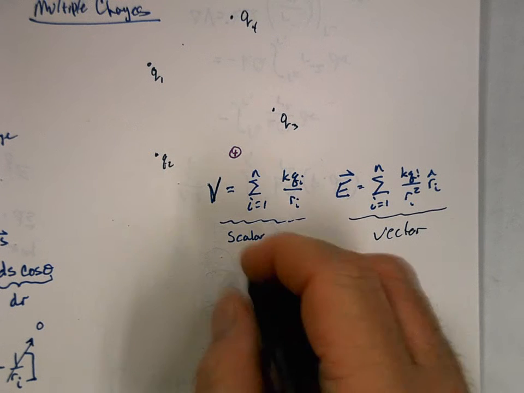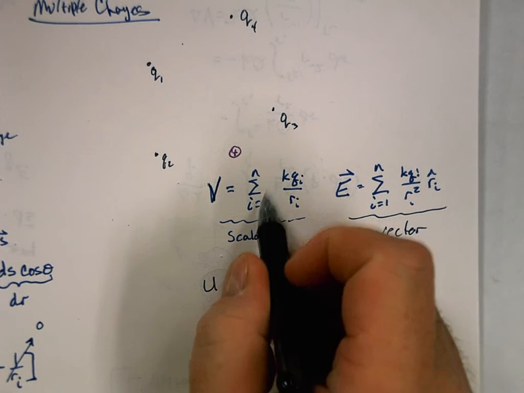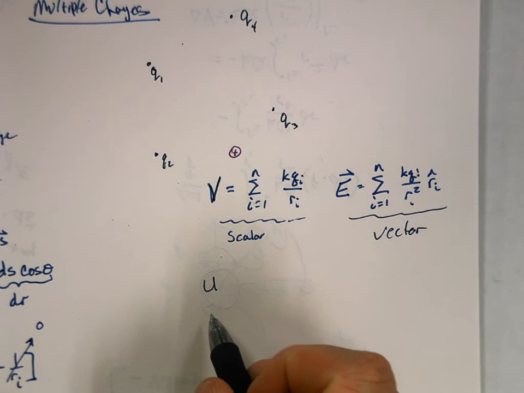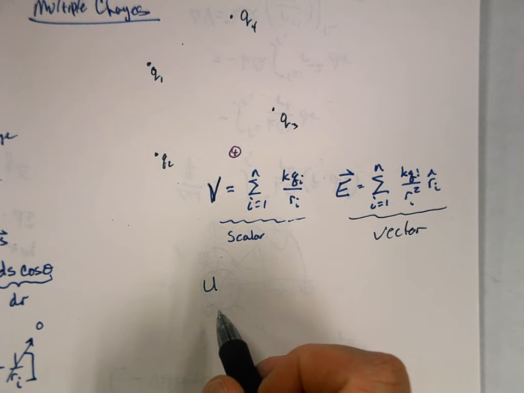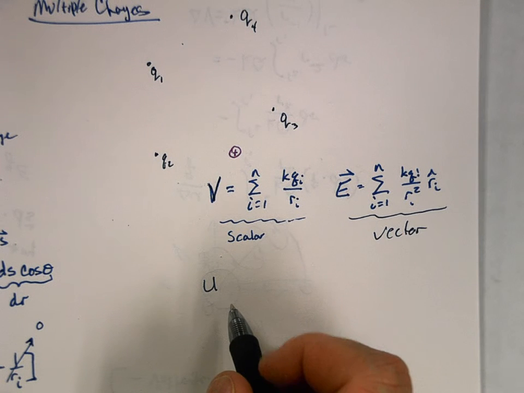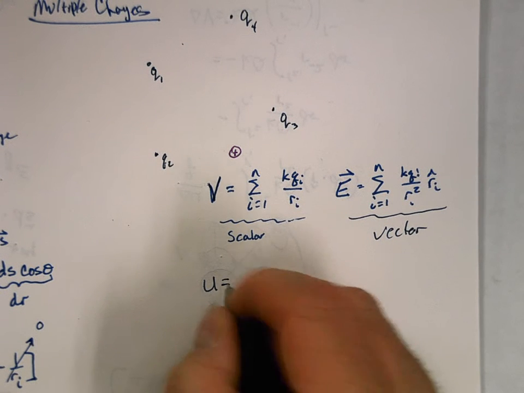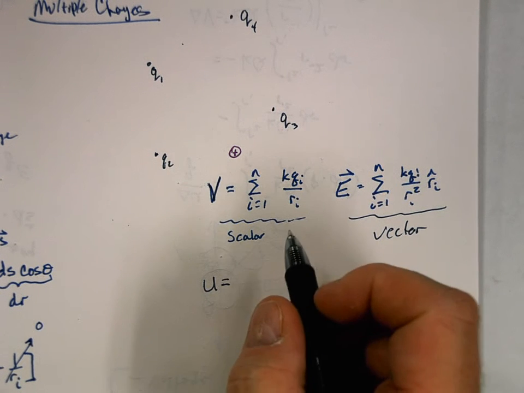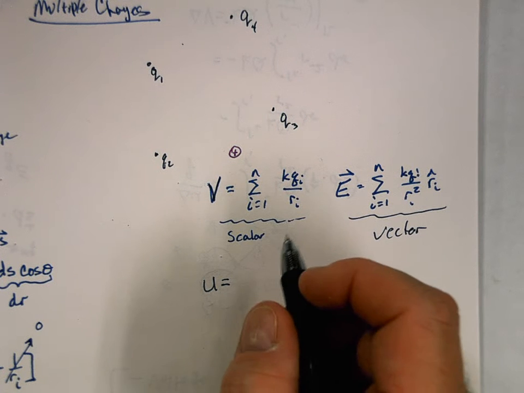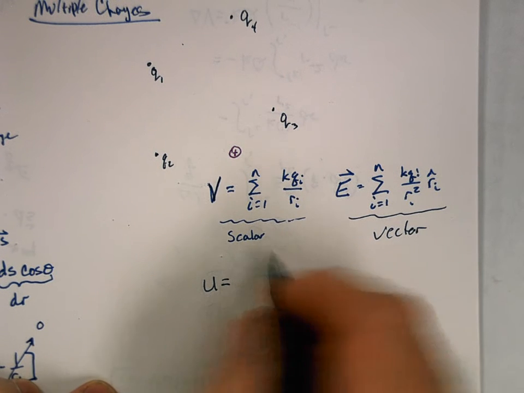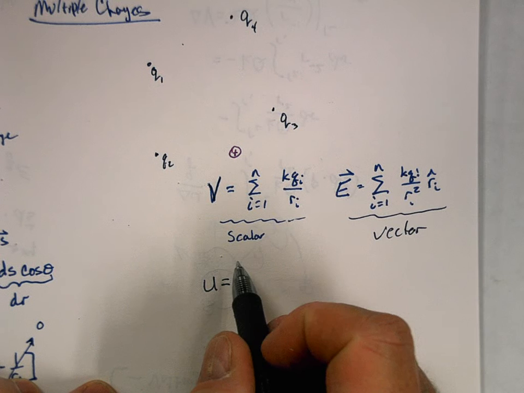Our potential energy. Is potential energy a vector or a scalar? Vector. No, it's a scalar. Potential is a scalar. Well, isn't it negative? Is there a direction to the potential energy?